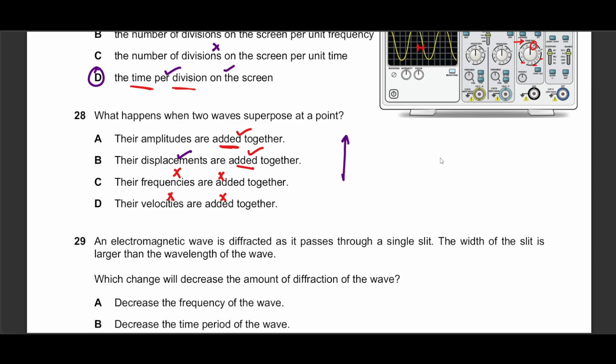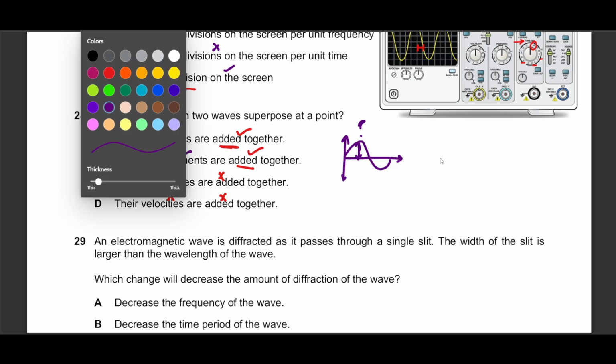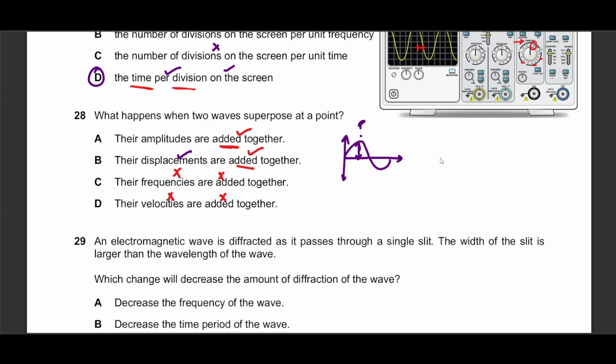Why? Amplitude is a specific displacement when the displacement is maximum. So are only these points adding together to produce a superposition result? No. It's a matter of vocabulary. The displacement means that all instantaneous points, every single point on the wave, are going to get added together with another wave, probably with a different phase of its life.